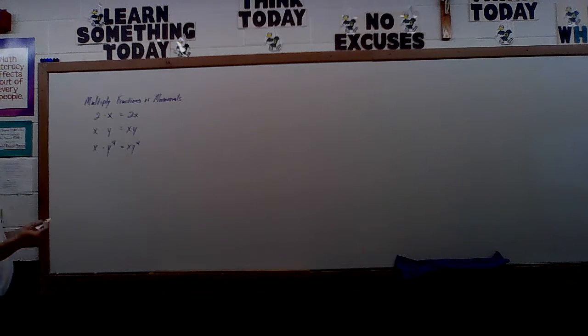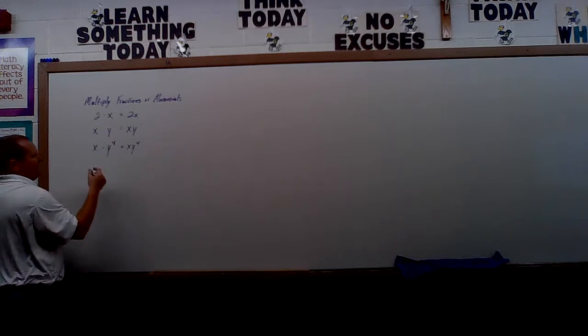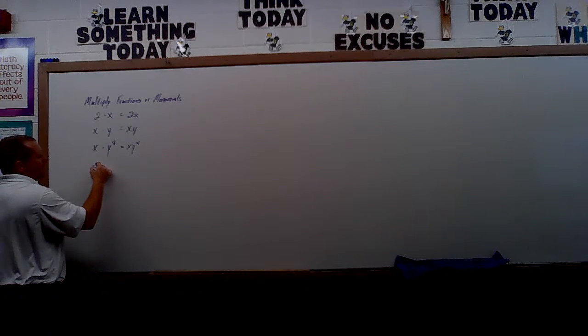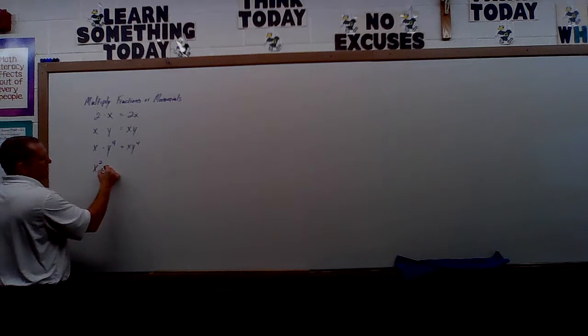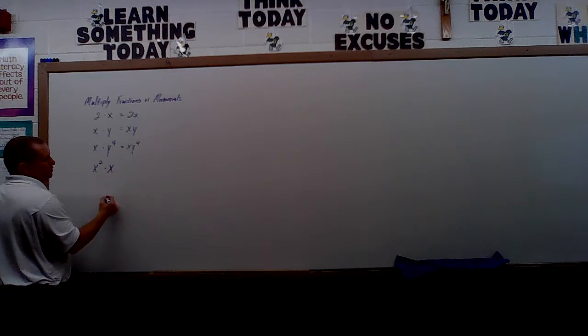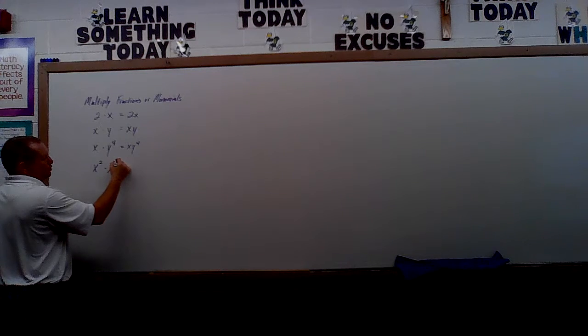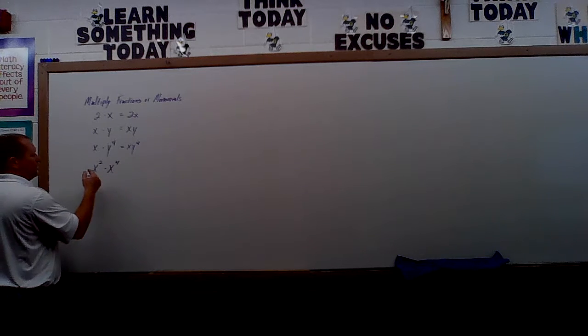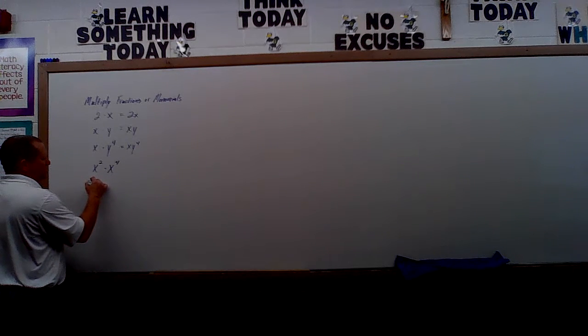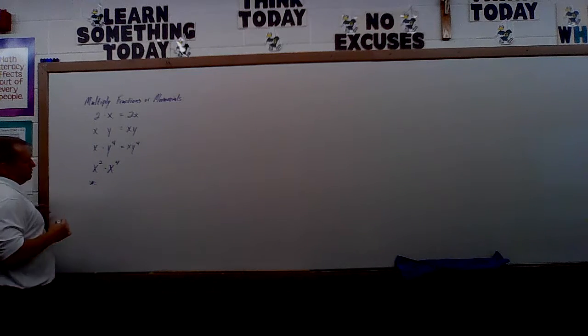So the concept that we're going to talk about a lot today then is what happens if I have a variable that has an exponent times the same variable but with a different exponent. Okay? So again, this rule that we're going to talk about is only true, let's make it a star here.